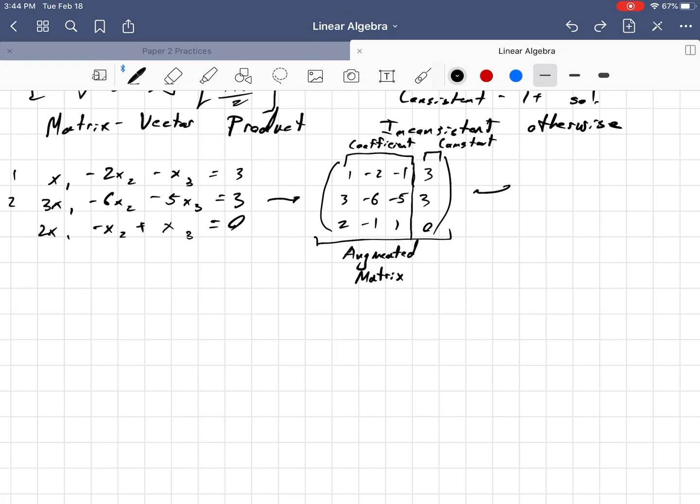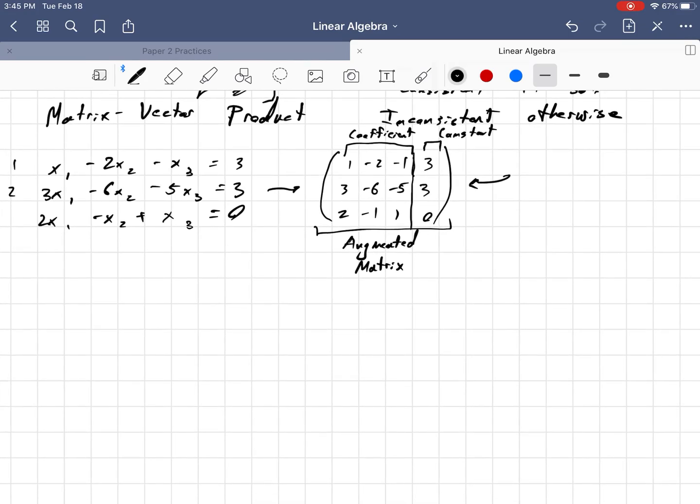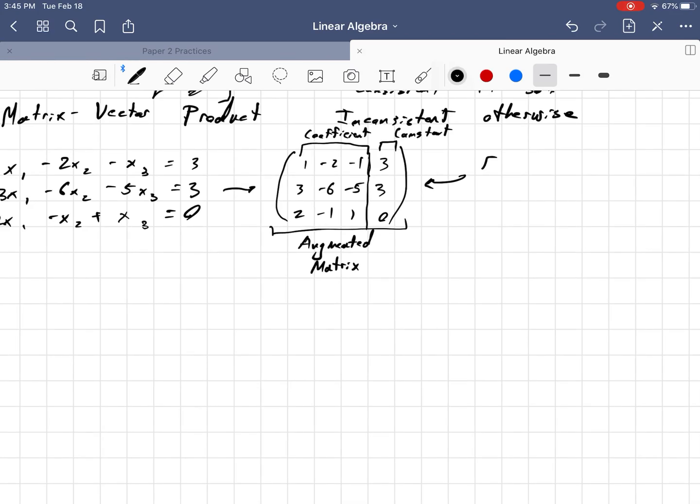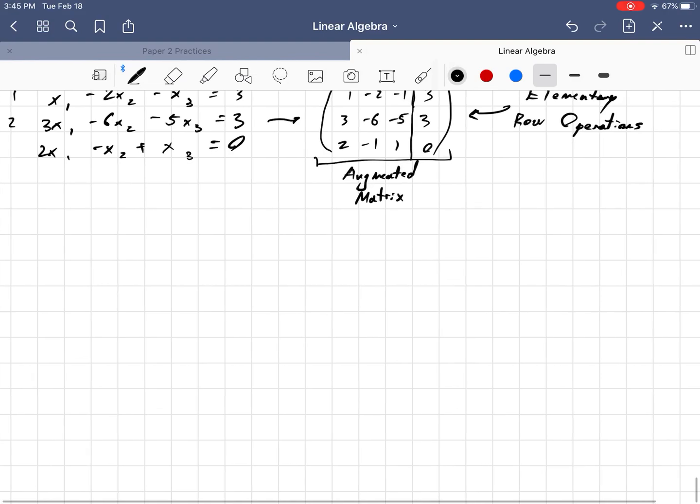Since this matrix represents a system of linear equations, we can do the exact same things to the matrix as we could to the systems of equations. And we call those operations that I just described elementary row operations, because they're really pretty basic. There are three that are commonly stated in the textbooks. We can interchange rows.